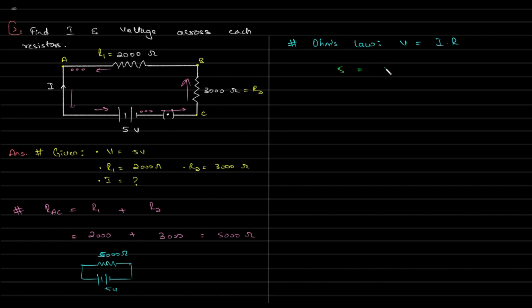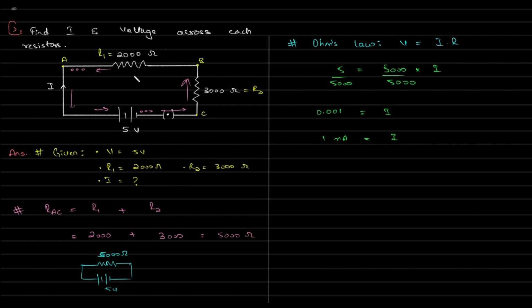So 5 is equal to 5000 into I. So we can divide with 5000, and this is a very small current, 0.001, so 1 milliampere is your current flowing in the circuit.